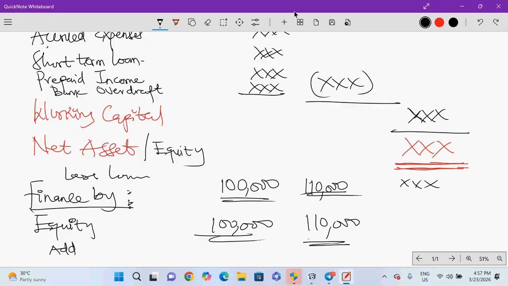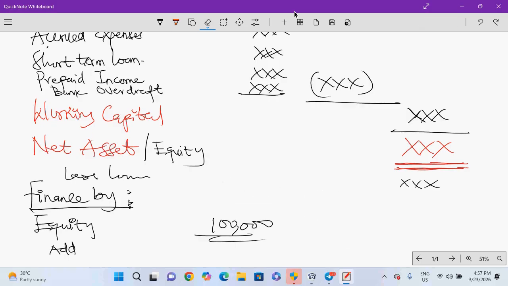Once the two figures are tallying, it means it has balanced. Just that you deducted the long-term loan, but I added it. So whichever format you are using, you should still get a balancing figure, just that you will be having different balancing figures. But the two of them are correct, right?